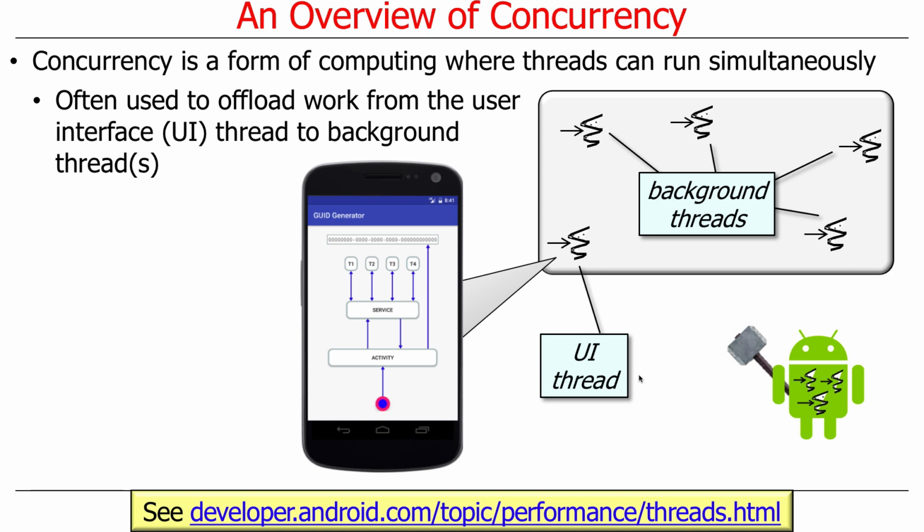So a very common concurrency architecture in almost all, and probably all, modern user interface driven platforms like iPhone, like Android, and so on, is to have a separate thread called the UI thread, or the user interface thread, and that's responsible for interacting with the user and displaying the results and so on.